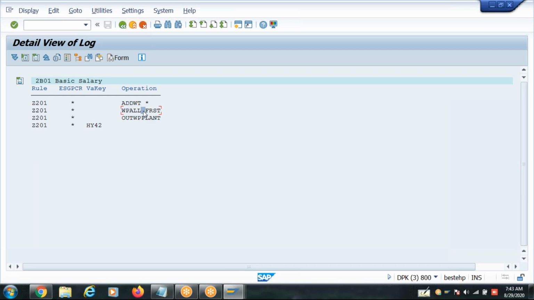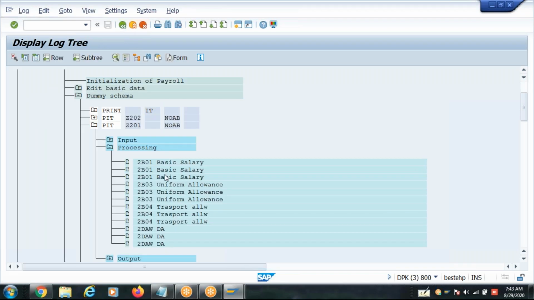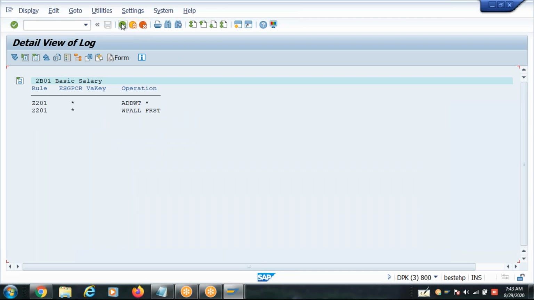Continue further only if it is a first split. Otherwise, do not continue further. So then it is reading the personal area operation. The third entry also, if you see, will not be continued.